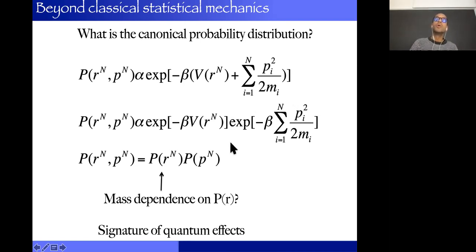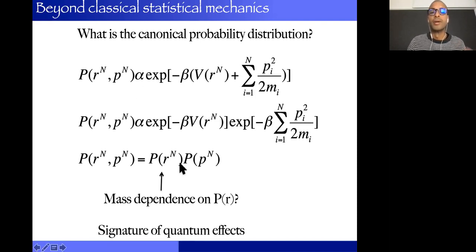And so only the momentum part of the classical probability or partition function has a mass dependence, not the configurational part.